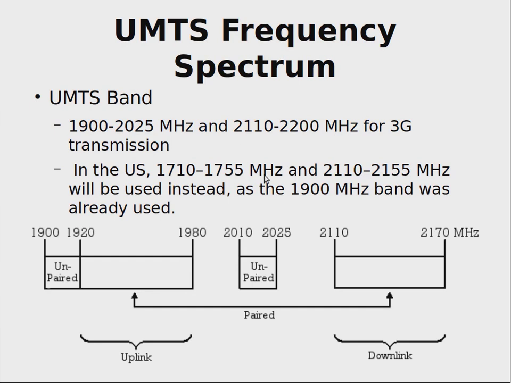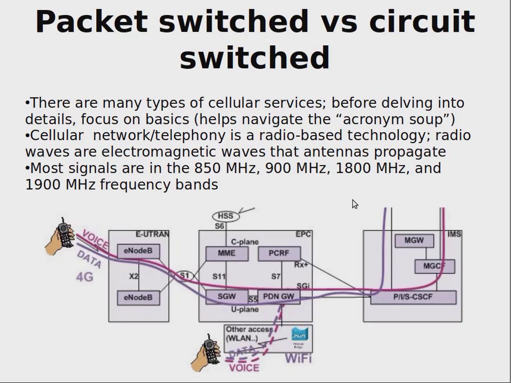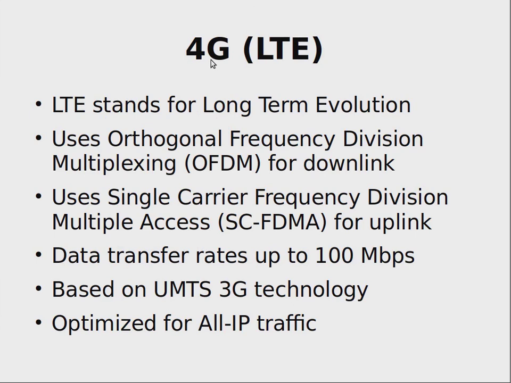And for each generation of these cellular networks, the bandwidth used always becomes a little bit larger, because it's the most usable way to do this.